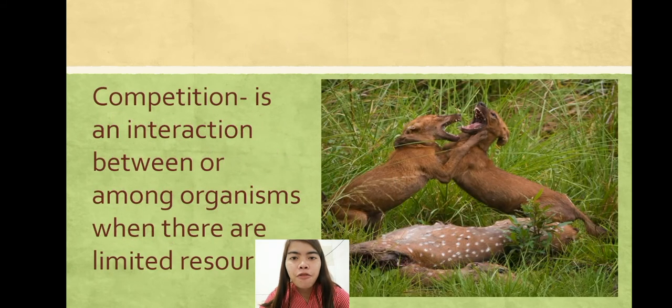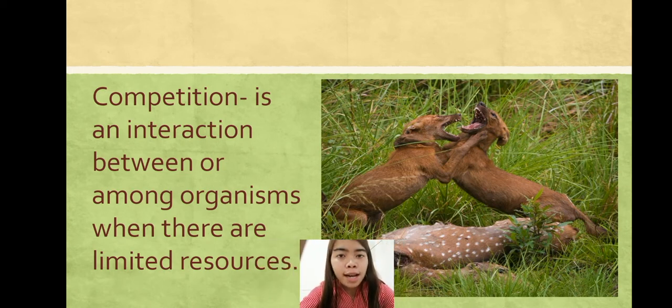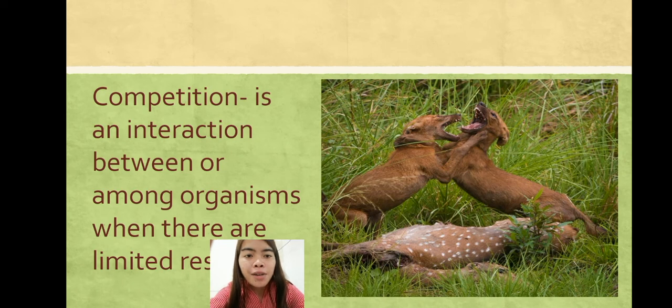Next, we have competition. Okay, competition is an interaction between or among organisms when there are limited resources. Okay, nangyayari itong competition lalo na kapag limited lang yung resources ng isang community. For example, in the picture, you can observe two organisms fighting for food. Hindi lang food yung kanilang pina-fight dito sa competition ha.